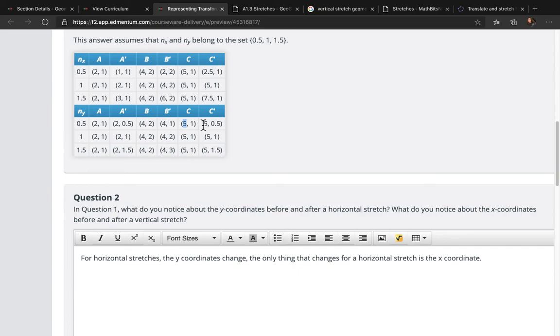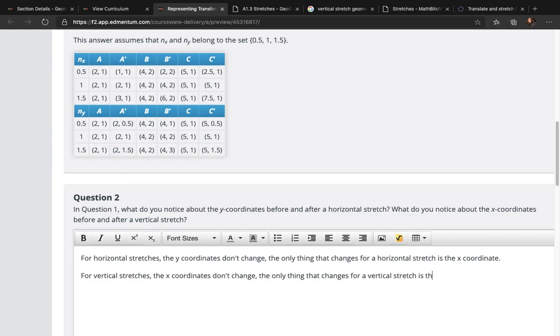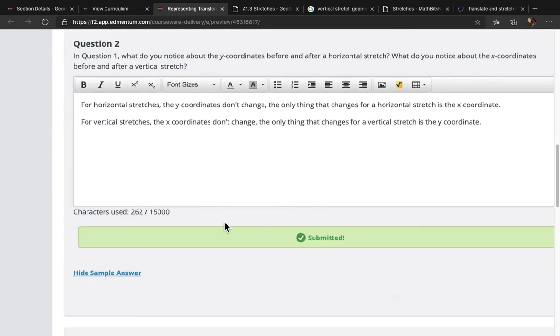Notice how both of my x coordinates are at 5. So for vertical stretches, the x coordinates don't change. The only thing that changes for a vertical stretch is the y coordinate. And you're going to hit submit.